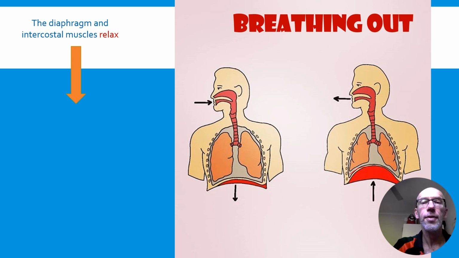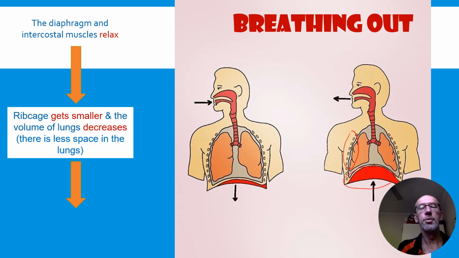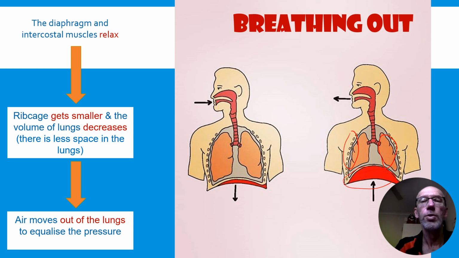Then our diaphragm and our intercostal muscles relax. And as a result of that, the rib cage gets smaller and the volume of our lungs decreases. So we've got all of that air trapped in this tight space, which creates a lot of pressure. So therefore that forces us to exhale so we can get rid of some of that air and again equalize the pressure of our lungs.